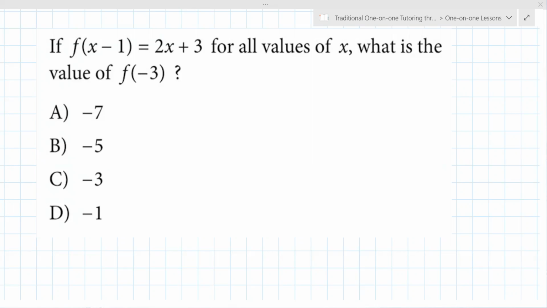I got -2 for x, and then for the final value, I got -1. You are correct. Okay. Fantastic.